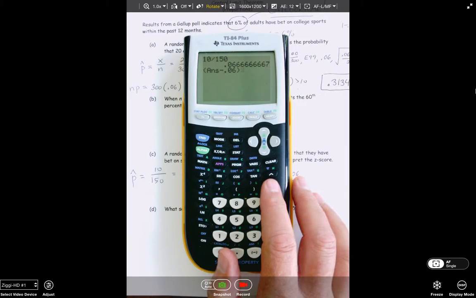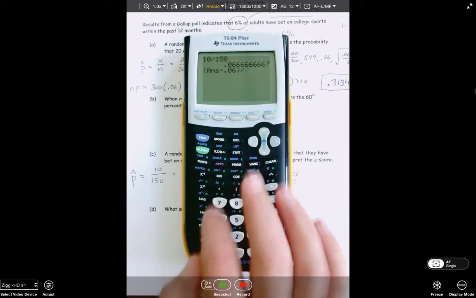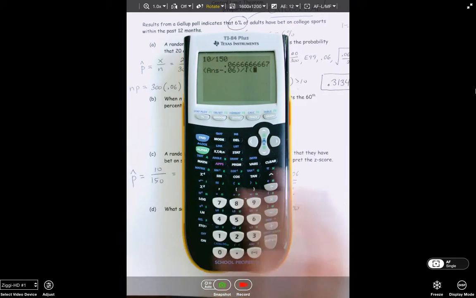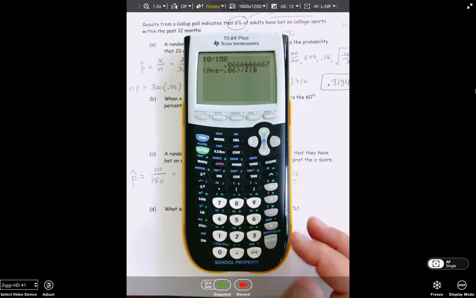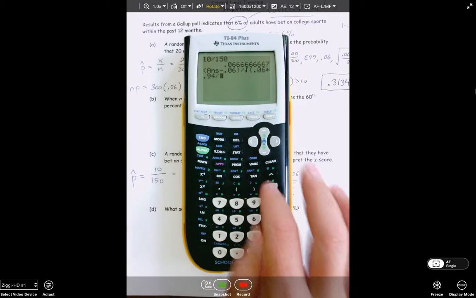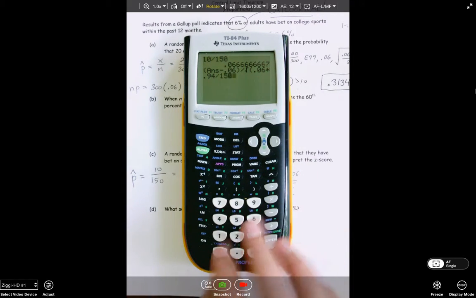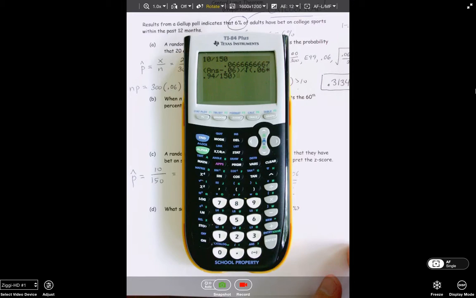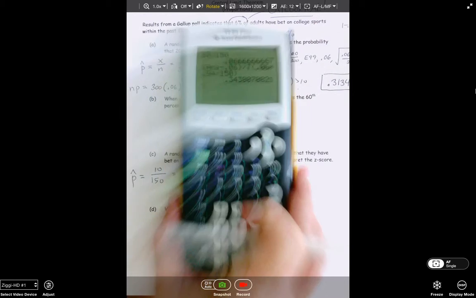So 0.06 and we want to divide by the square root of 0.06 times 0.94 divided by 150 and close it up. So guys, the z-score is 0.34.